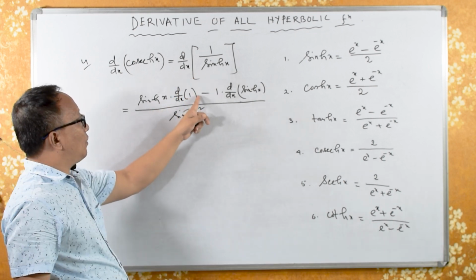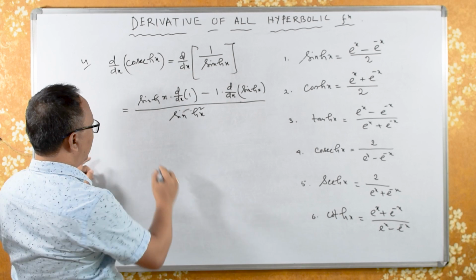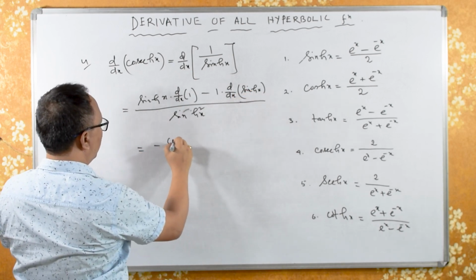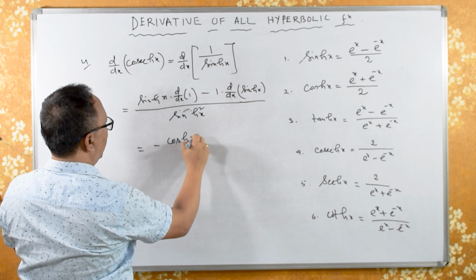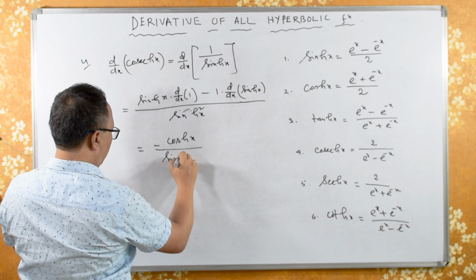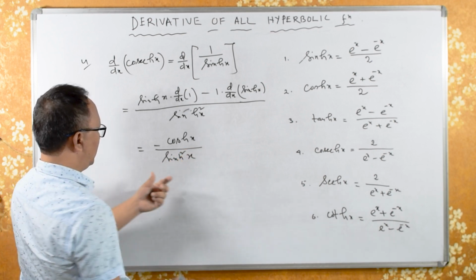dy/dx of 1 is a constant, therefore that whole term will be 0. And we have minus dy/dx of sine x, which is cos hyperbolic x upon sine hyperbolic square x.